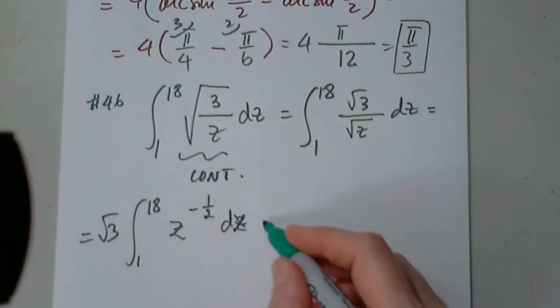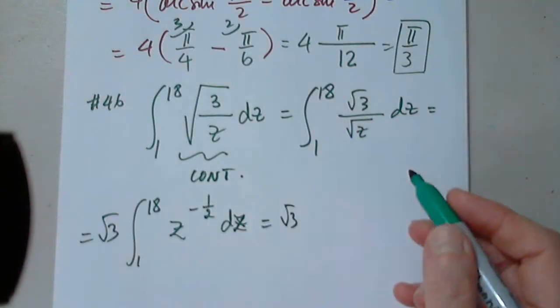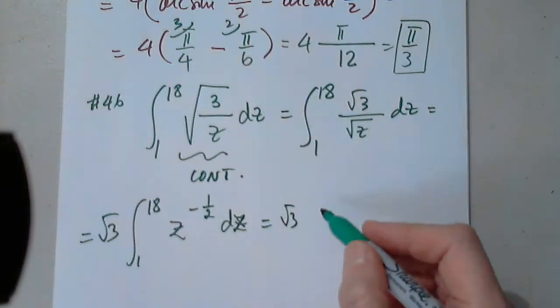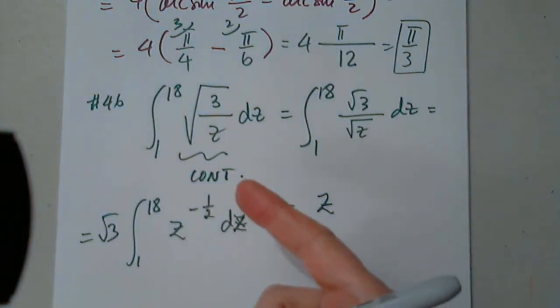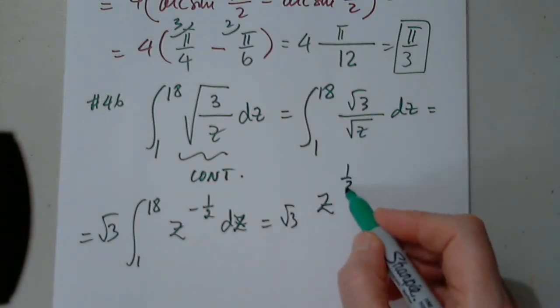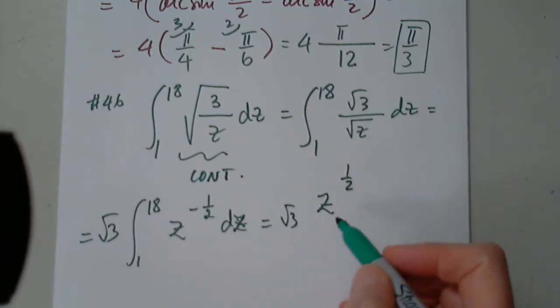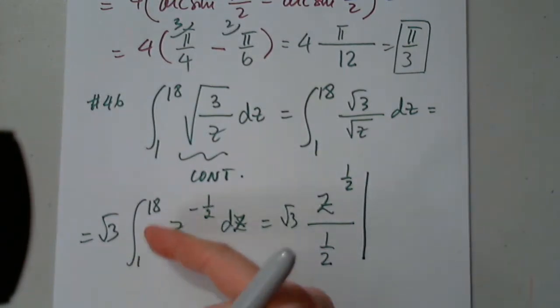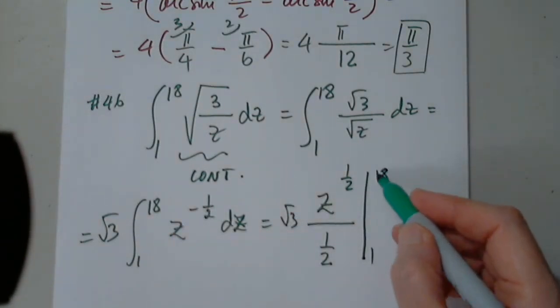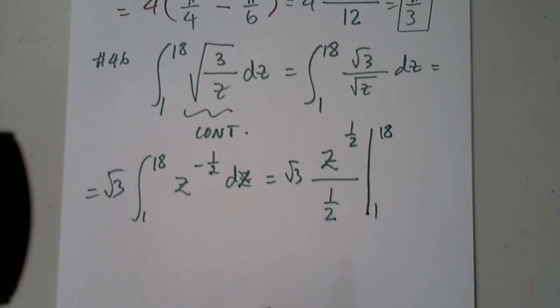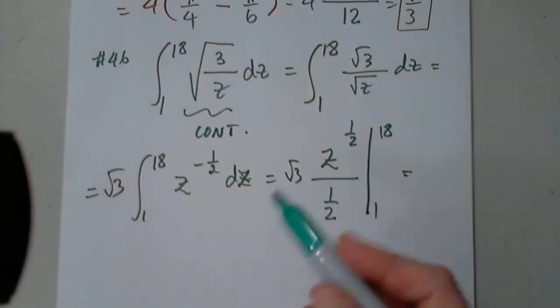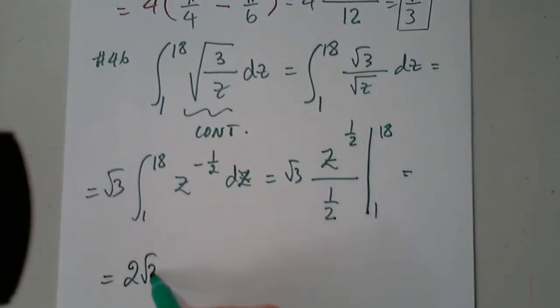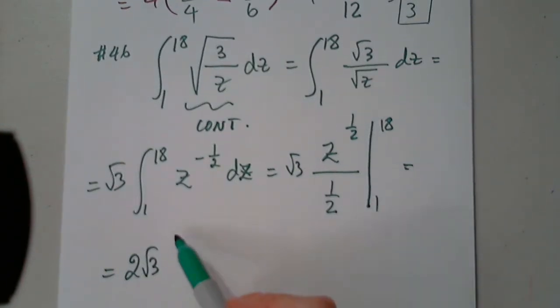And now, after all this, it becomes easy. So I have z to negative 1/2 plus 1, which is 1/2, and I have to divide by that result, from 1 through 18. So I flip this, so it's 2 times the square root of 3, and it has to stay in front.